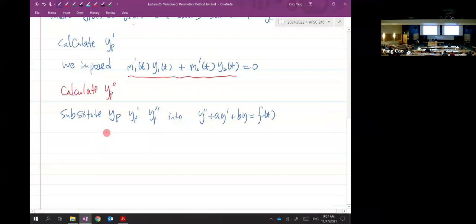So you end up with simply m1 prime t times y1 prime t plus m2 prime t times y2 prime t equals f of t. So those are the steps we have gone through, and we ended at this stage at the end of the previous lecture. I call this equation 1, and this is equation 2.